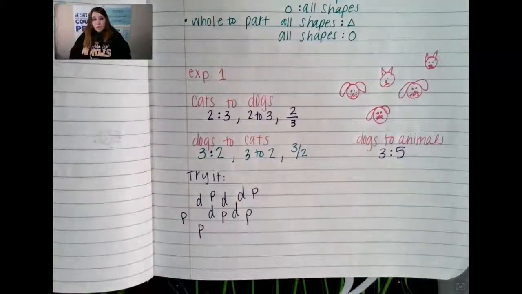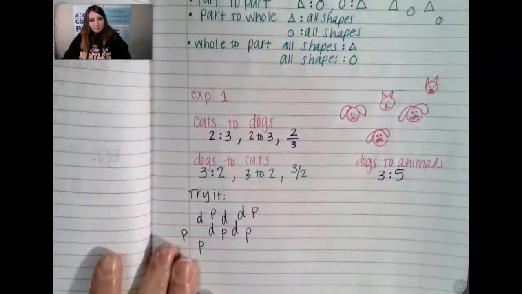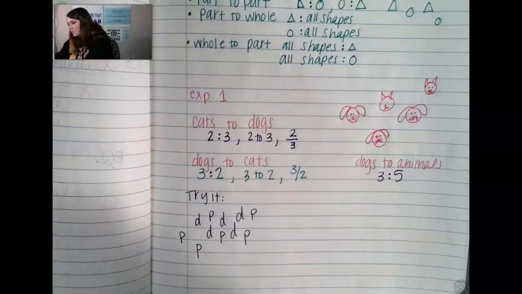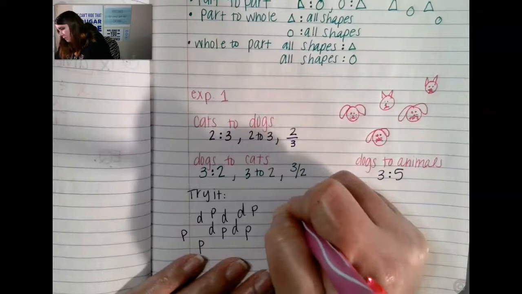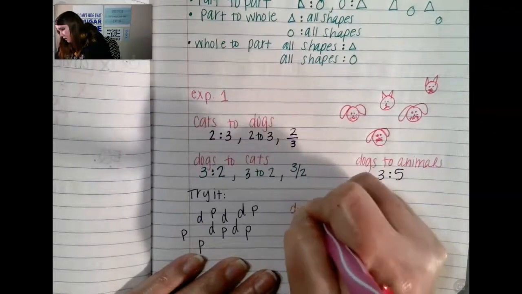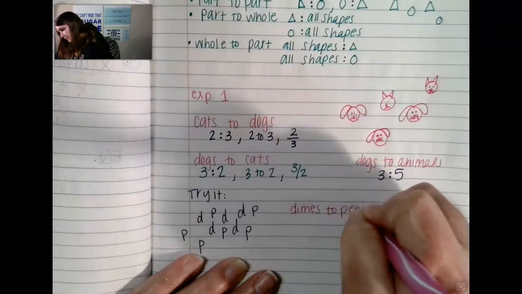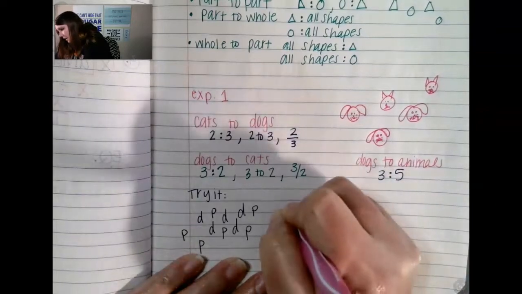Okay, so you're going to write that out. Remember, that's like money there. I'm just not drawing money for you. You can draw the money if you want to. Dimes to pennies or pennies to dimes. I want to know how many dimes there are to pennies.